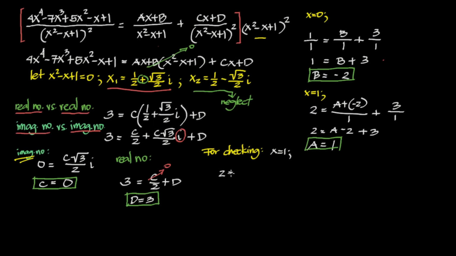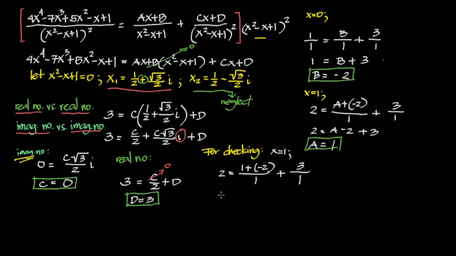Therefore 2 equals, ang a daw is 1, plus ang value ni b is negative 2, over 1 squared, 0, 1, so over 1, plus ang value ni c is 0, ito d is 3, then x squared minus x plus 1, so 1, 1, 0, that's 1.